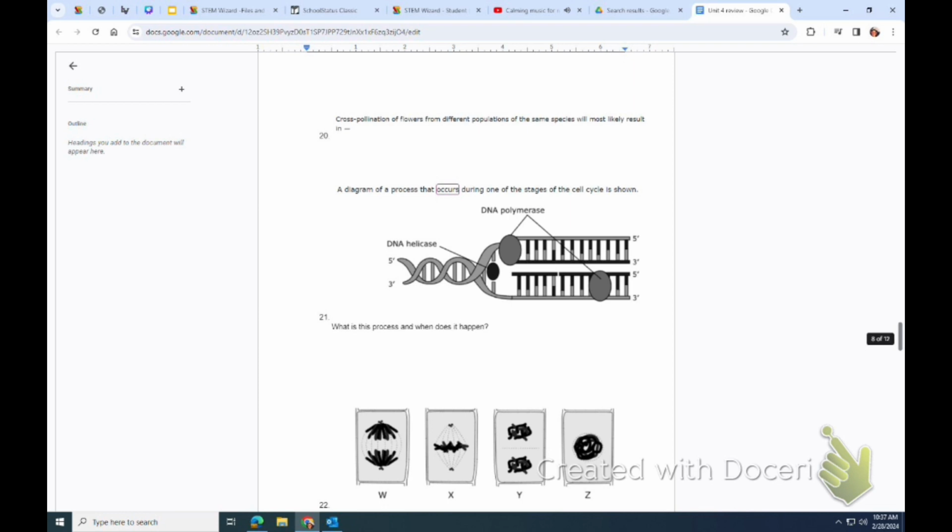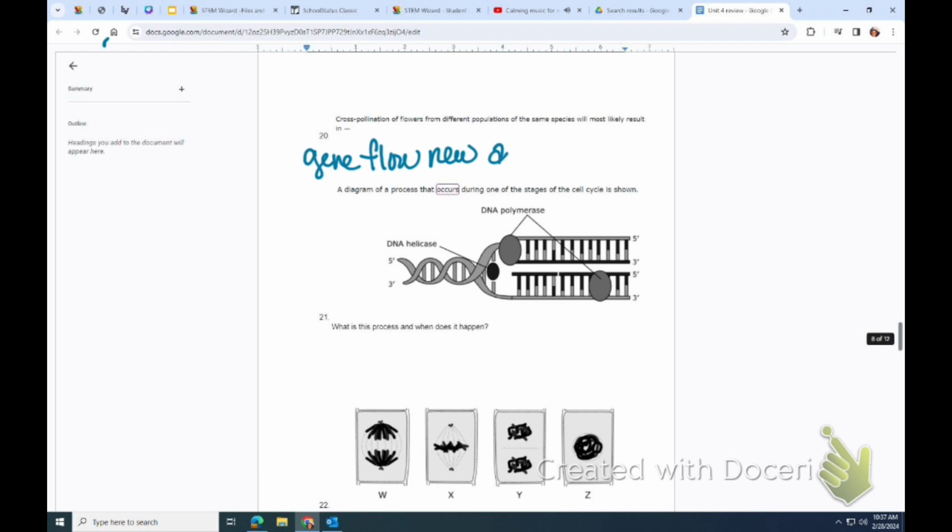So what I'm looking for here is the name of one of the types of evolution. We have a foldable. There's several types. Punctuated equilibrium was one of them. Gene flow.